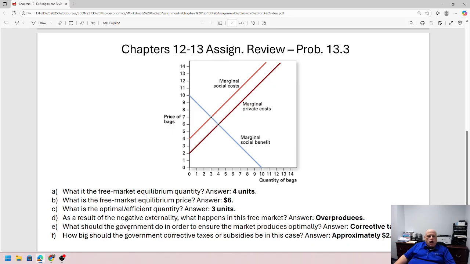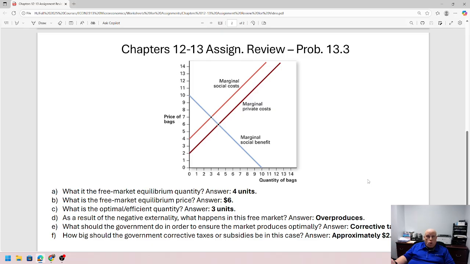All right. Then part E asks us, what should the government do in order to ensure the market produces at an optimal level? And in this case, the government would need to impose corrective taxes in this type of market.